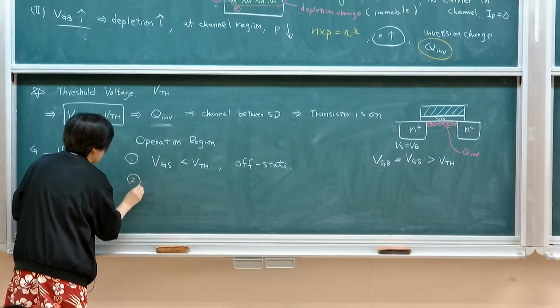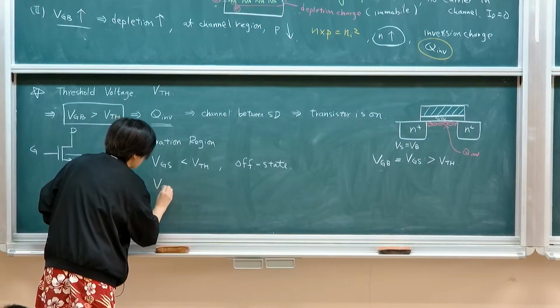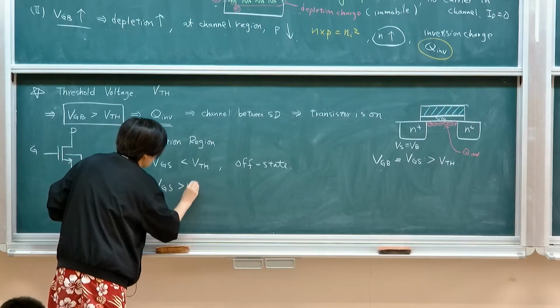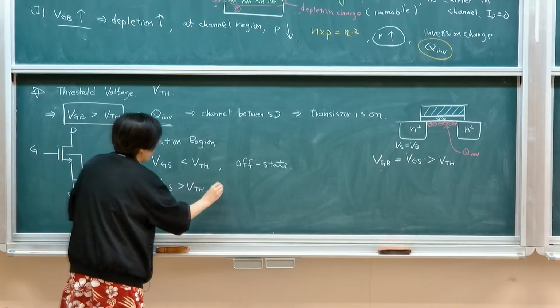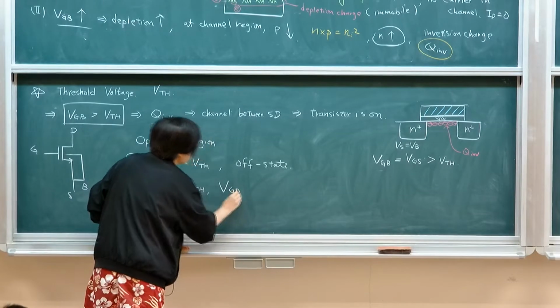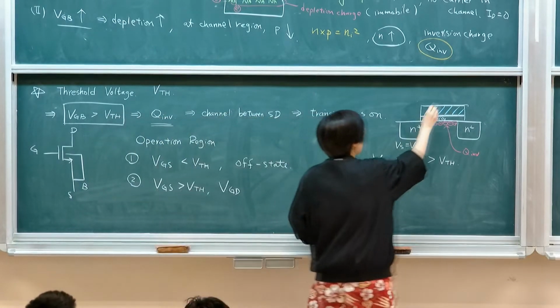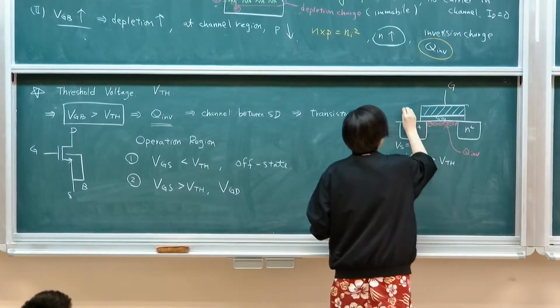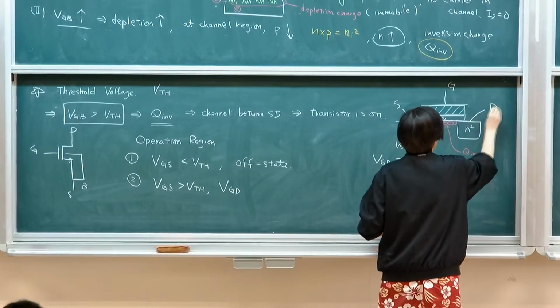The second is when VGS is larger than VTH and VGD too. There are two voltages: gate to source and gate to drain.